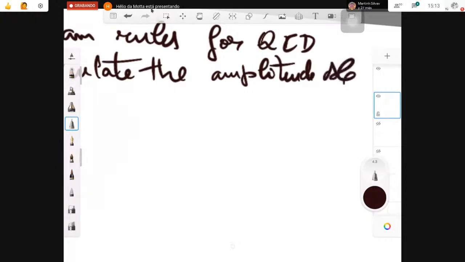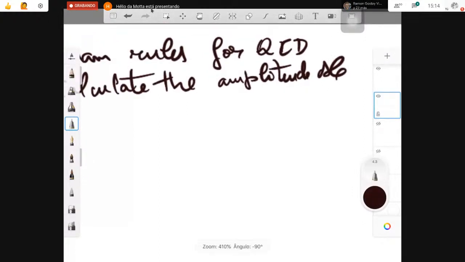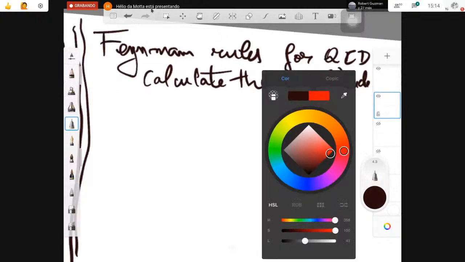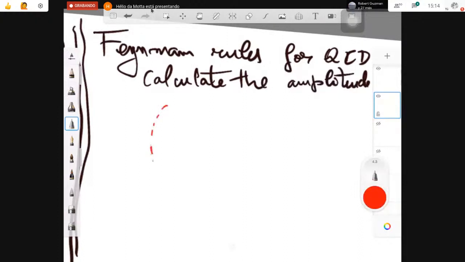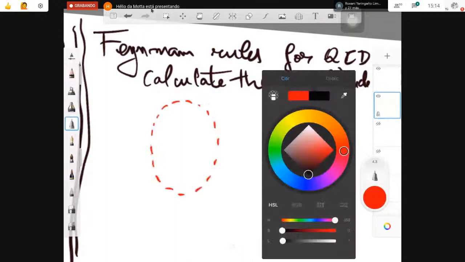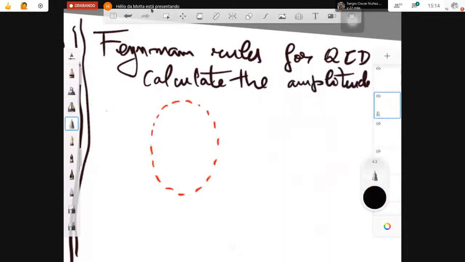Let me see my expressions here. Okay? So we do exactly the same thing. We have here a region where some things happen. And we have particles in, in, okay.